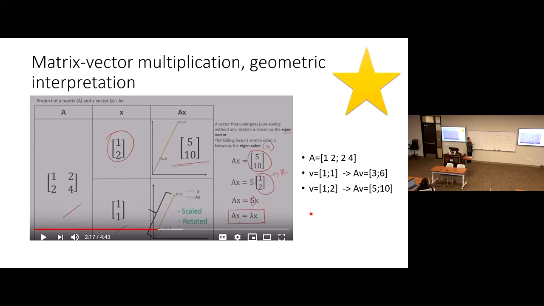This is called the eigenvector and eigenvalue for A. If you change a number here, your eigenvector and eigenvalue will change. So we started from an interpretation of geometry to introduce this equation, which is based on matrix and vector multiplication, to give you some idea of what is an eigenvalue and what is an eigenvector.